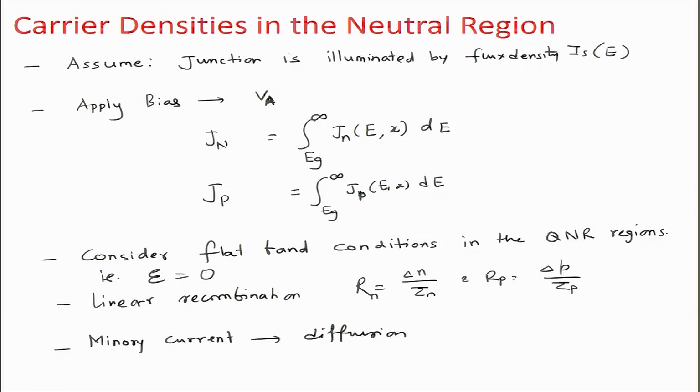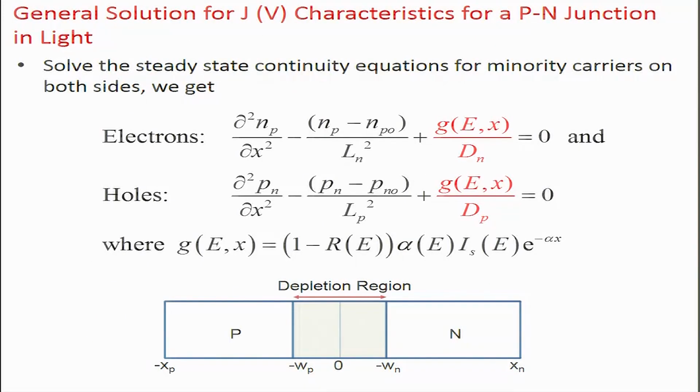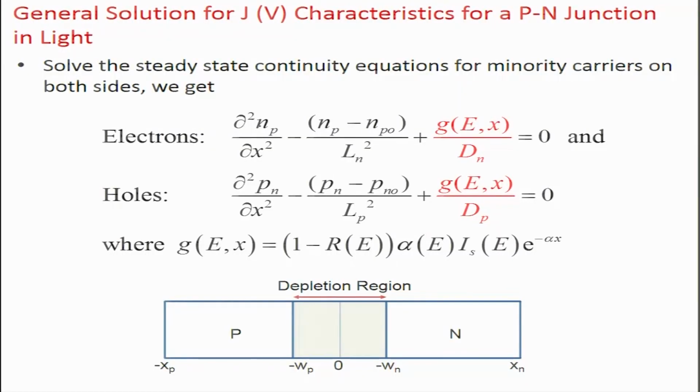So now we have a general solution for JV characteristics for a PN junction in light. The steady state continuity equations for minority carriers on both sides are, for electrons, del 2 Np by del x2 minus (Np minus Np naught) divided by Ln square, which is the diffusion length, right.